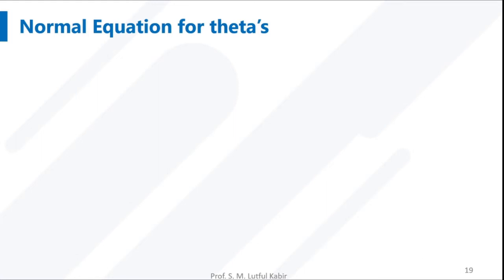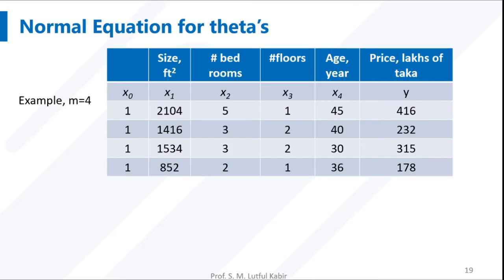Let us say we have m examples, where m is 4, and the data for the multivariate problem is like this: size, bedrooms, floors, age, and price.